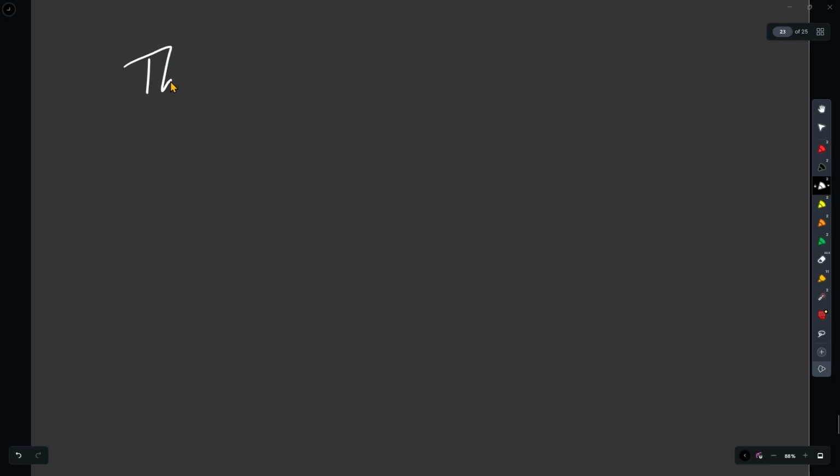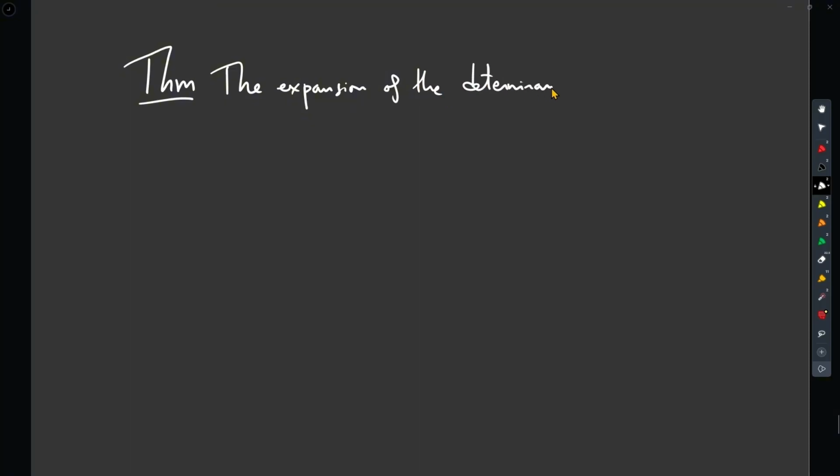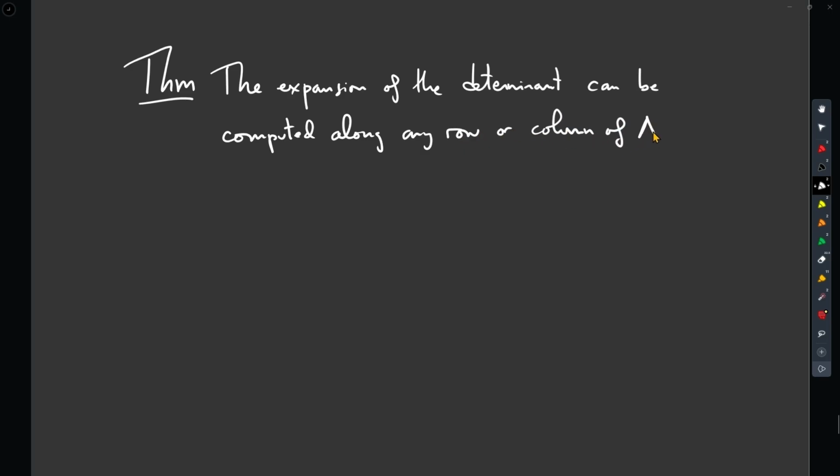And again, it turns out that the expansion of the determinant in terms of minors can be computed along any row or column of A, except that the signs that go with each minor are as follows.